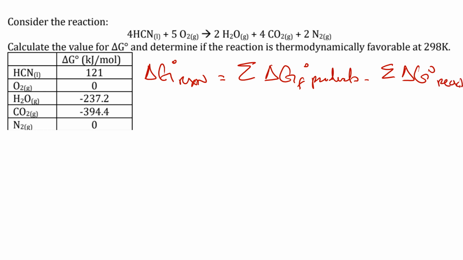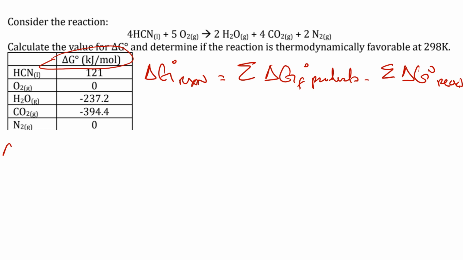Run out of space, sorry. We have our delta G in kilojoules per mole. There's no Kelvin here in the units, so the unit will be kilojoules only.